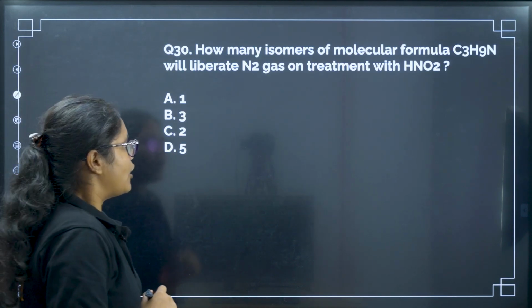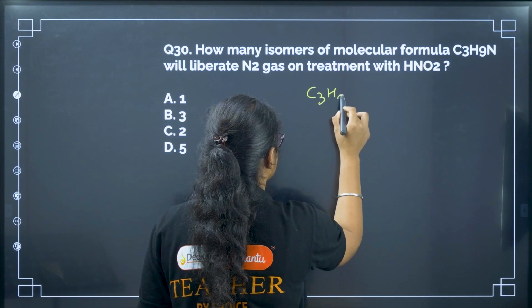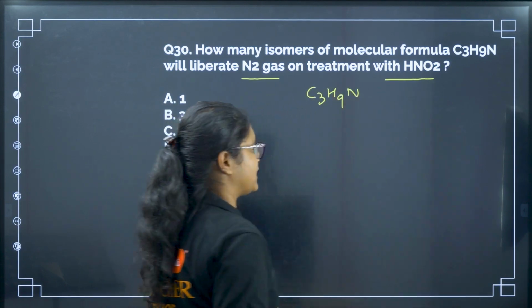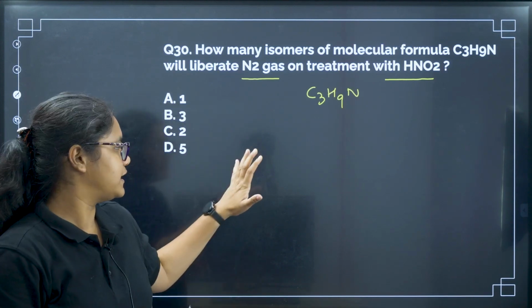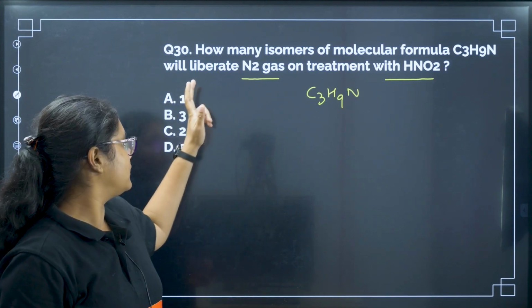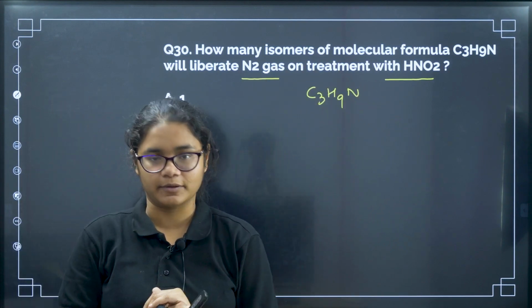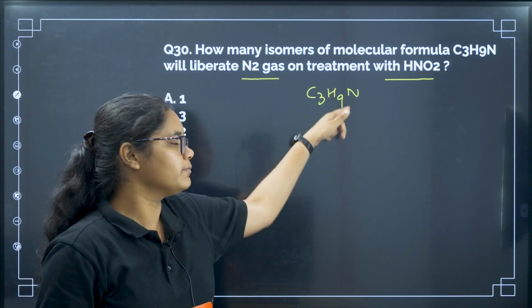Next, how many isomers of molecular formula C3H9N will liberate N2 gas on treatment with nitric acid? The question is quite indirect. If it is giving you nitrogen gas with nitric acid, then what should be the degree of this amine? It should be a primary amine, right? So how many primary amines can we prepare from this formula?